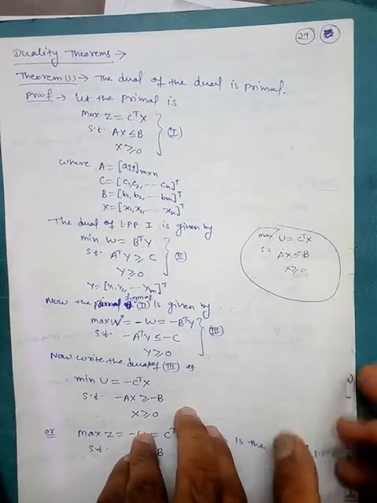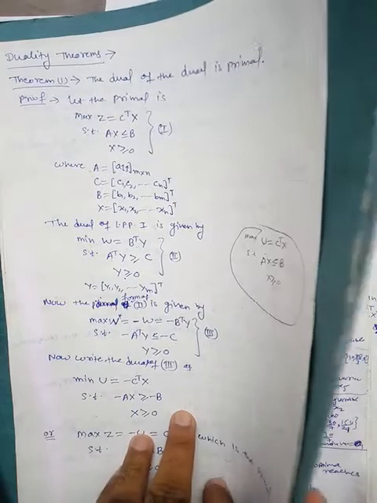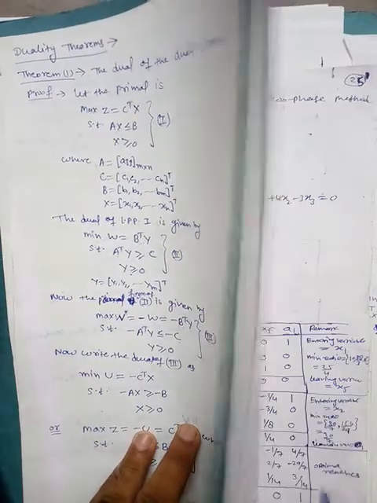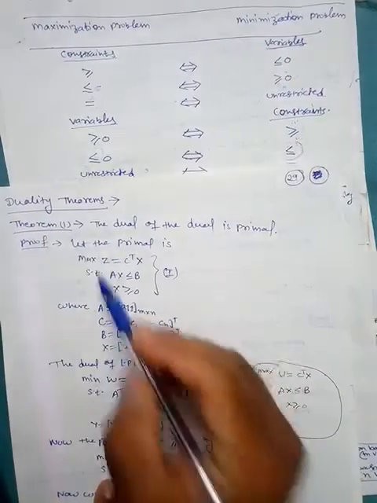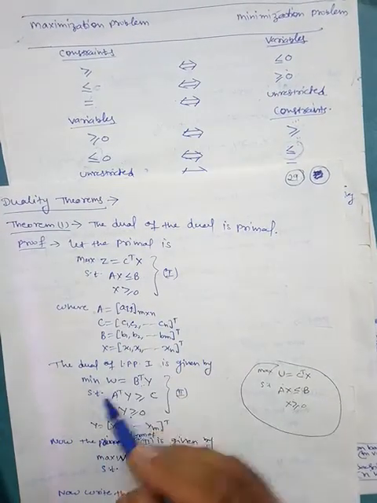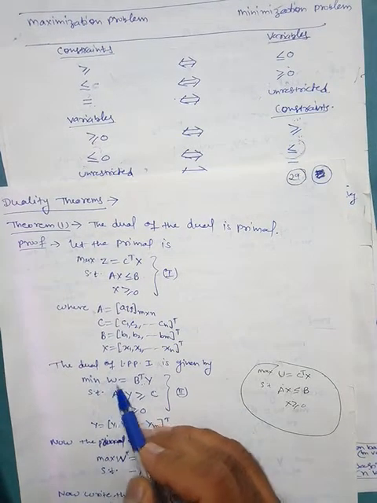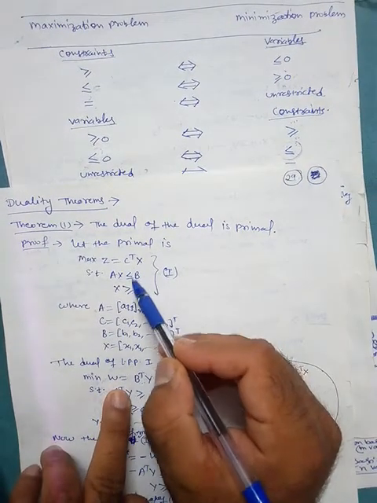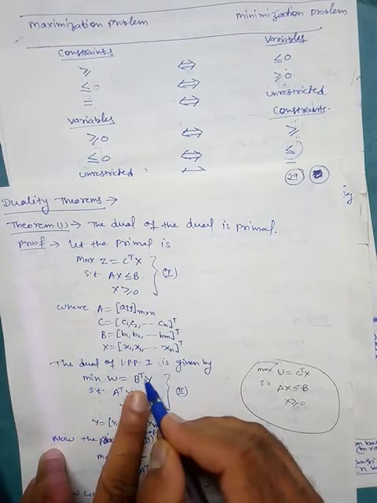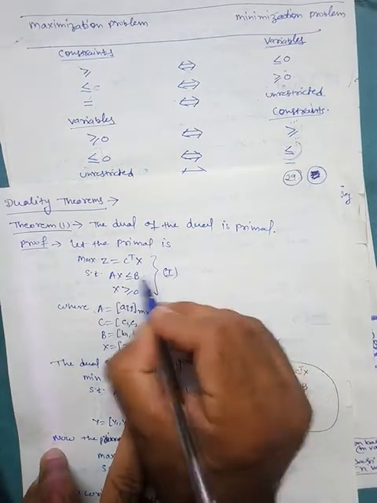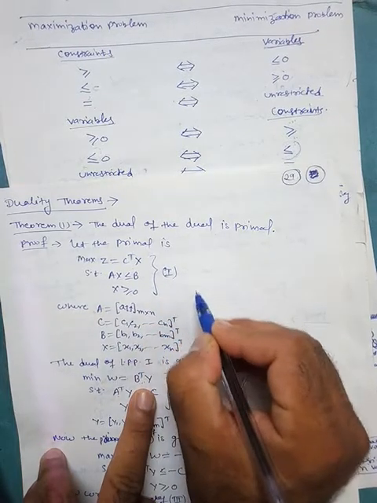Now the dual will be constructed with the help of the rules which we have already discussed in our last lecture. The rules are summarized in this table, you can see. On the basis of this table, construct the dual. Here we have maximum, so in the dual we have a minimum of w, and we will take the transpose of the right hand side, b transpose, times the new variables, because associated with each constraint we have a variable y1, y2, yn.